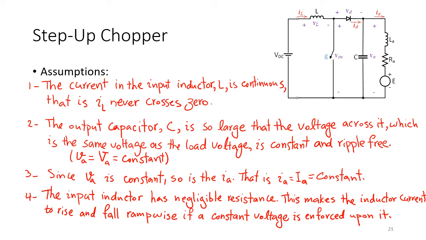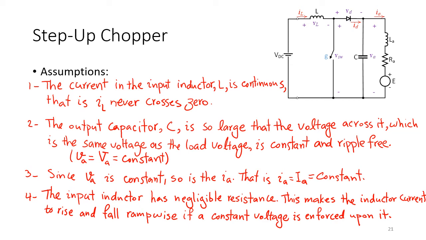We also assume the current IL is continuous, never crosses zero, and a large input inductor L helps us with that. We also assume that input inductor L has no resistance, so a pure inductor. That makes everything much easier when it comes to rise and fall of the current. We don't have any RL circuit anymore. It's simply an L, an inductor.